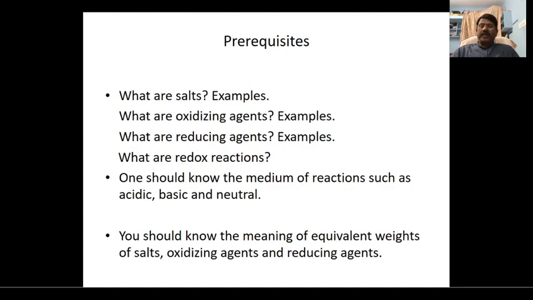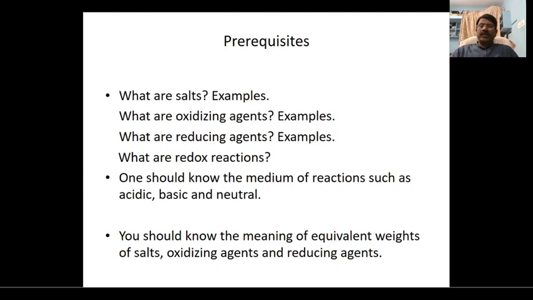Under prerequisite, what are salts? Salts are nothing but a combination of one acid radical and one basic radical. What are oxidizing agents? Oxidizing agents are the chemicals which give nascent oxygen during the reaction. Example, KMnO4, potassium dichromate, HNO3.